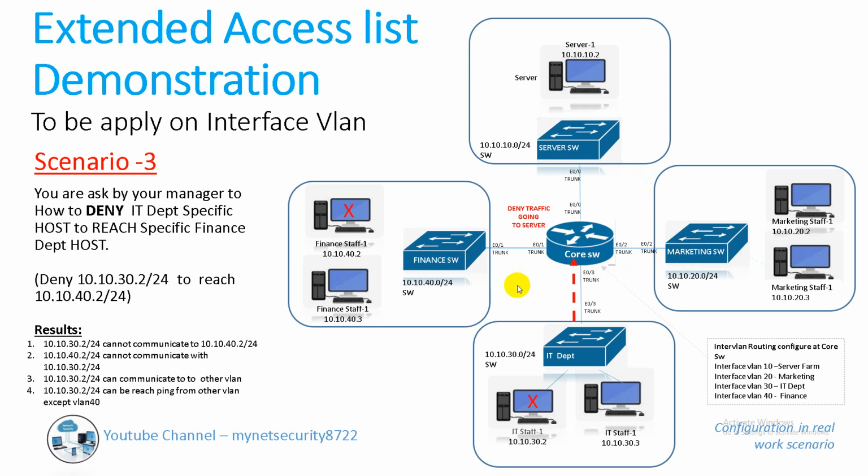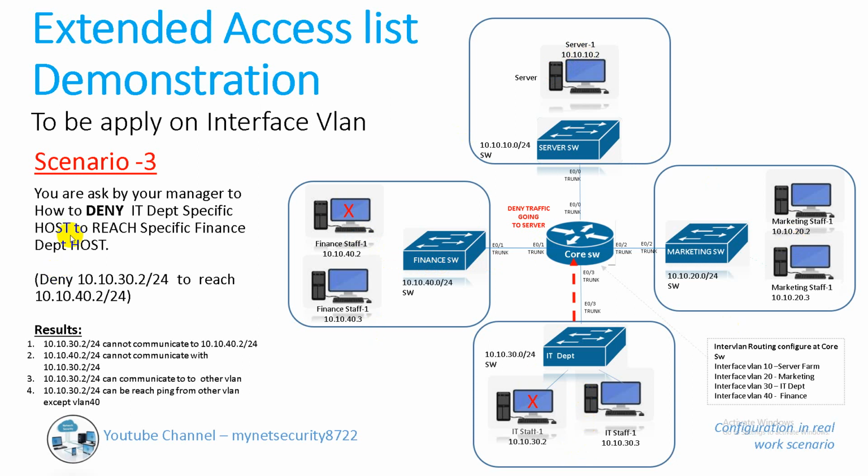All the switches are connected to the core by a trunk, and each department has its own switch: marketing switch, server switch, finance switch, and IT department switch. The switches have two VLANs, one management VLAN and one data VLAN. So there are data VLANs for finance, server, marketing, and IT.